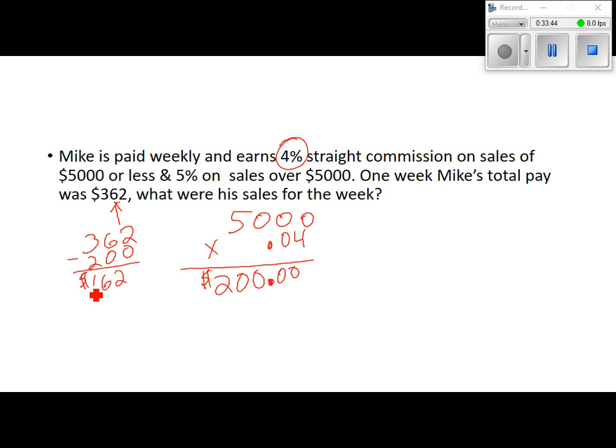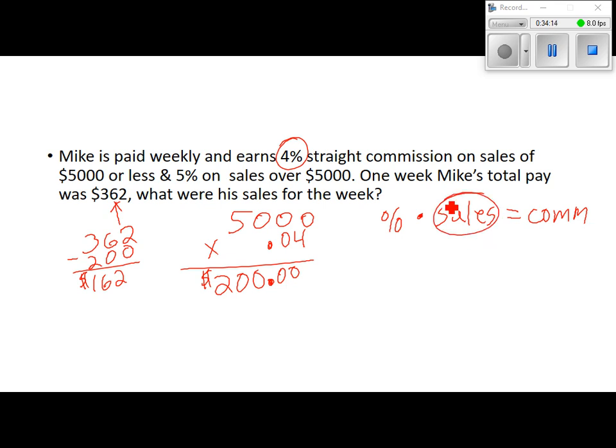So we need to figure out, he makes 5% on sales over 5,000. We need to figure out how much he made over that 5,000. So normally we would take the percentage times the sales, and that's going to give us the commission. This time, we don't know the sales.